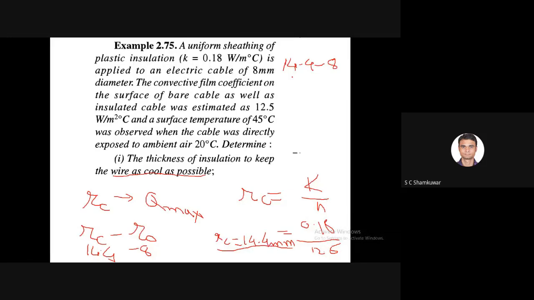At critical radius, there is maximum heat transfer, therefore the temperature of the wire will be low. So RC minus the outer radius, given as electrical cable of diameter 8 mm, you will get the thickness of insulation. It will be, I think, 6.4 mm.